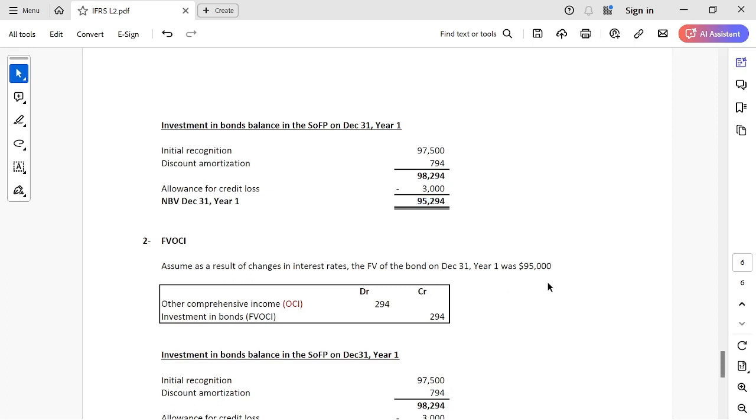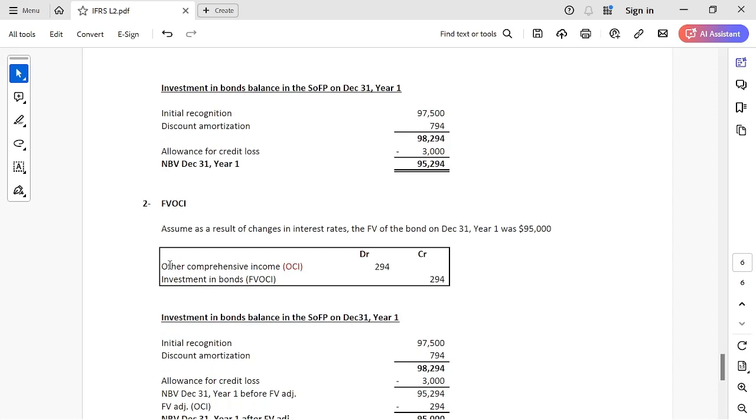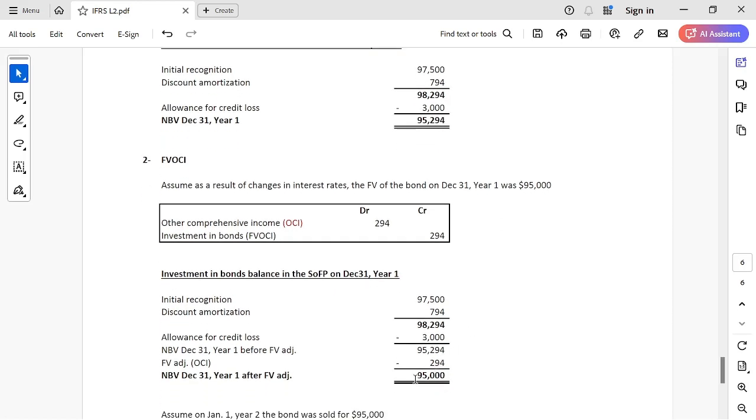So it seems there is a loss of 294, and this loss goes to OCI if we are using fair value through OCI. So it's just one additional entry. We debit OCI for 294 and credit the investment by 294. So now the balance of the investment is going to be 95,000 according to the fair value OCI method.